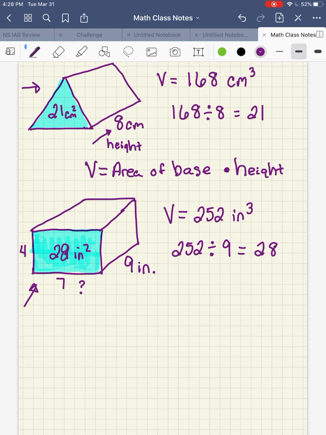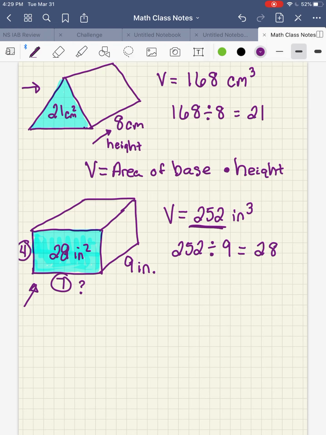The question they ask is what could the lengths of those sides be, and that's one possibility. It could also be 2 and 14 because 2 times 14 is 28, but looking at the way the picture's drawn, 4 and 7 are the multiples we're most familiar with that equal 28. So 4 times 7 is 28, and 28 times 9 gets us back to the 252.